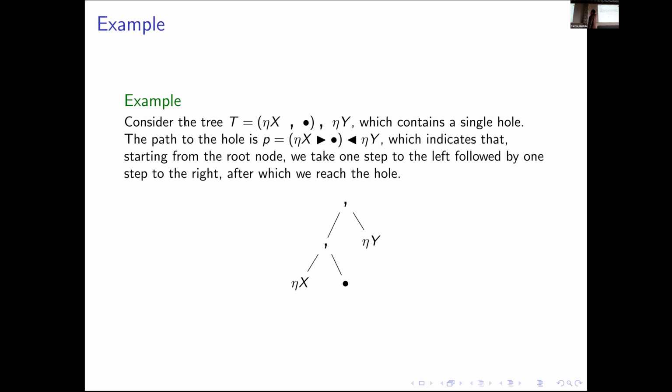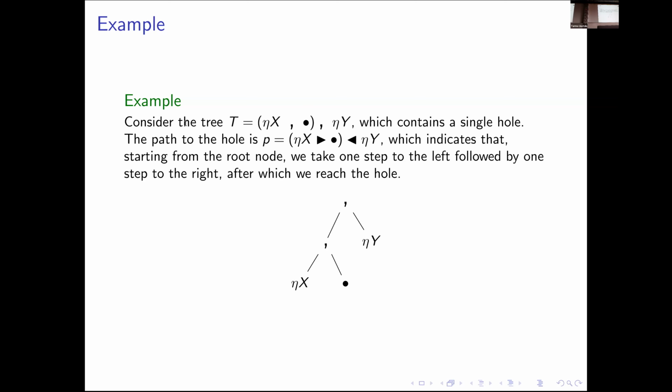Here is one example of how we write trees and paths in the formalization. This diagram is a tree with three leaves. The X and Y here are just atomic formulae.